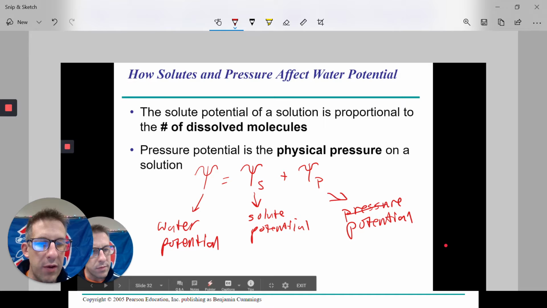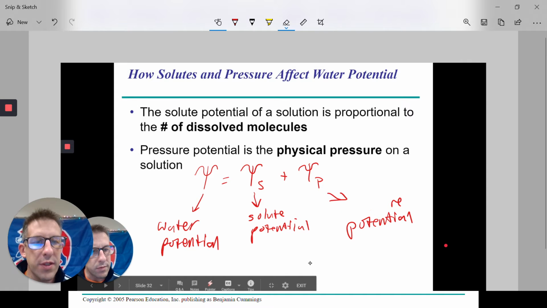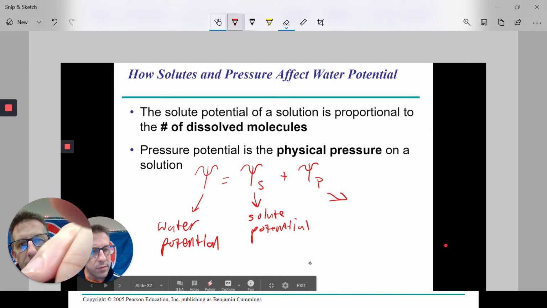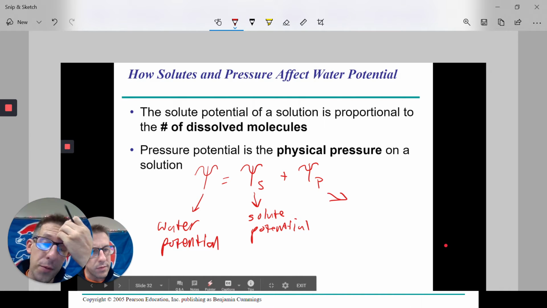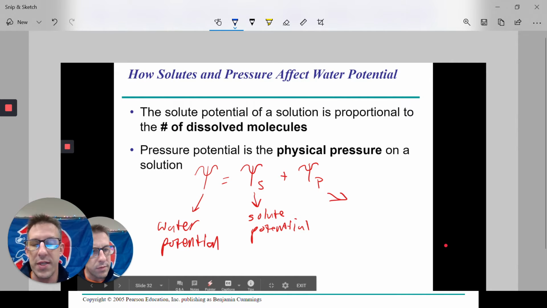What I want to talk about first is the pressure potential. Under normal atmospheric conditions at sea level, there is like a default mode for pressure potential.